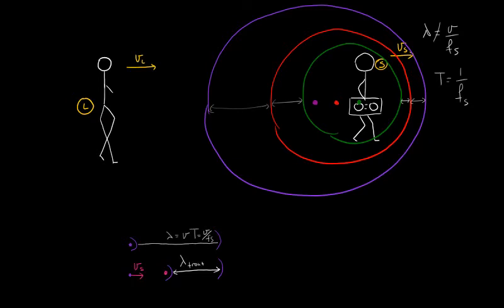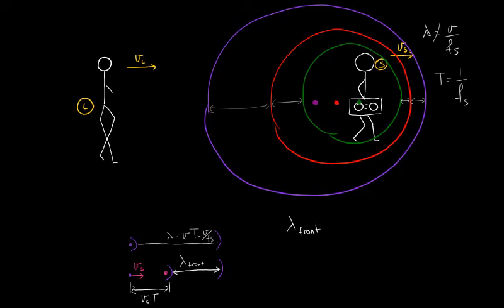To find lambda front, lambda front would equal the actual lambda minus the distance that our source has traveled, which is V source times the period.